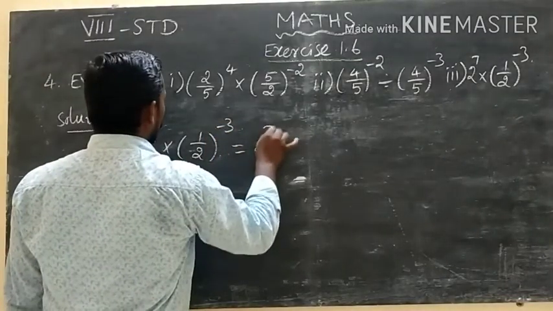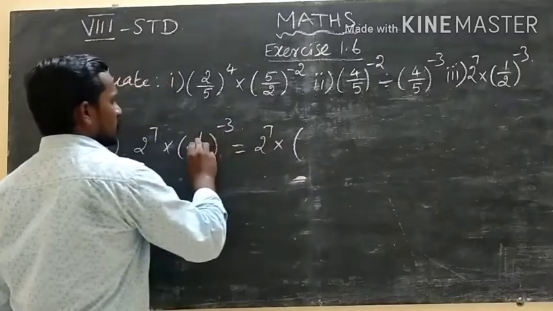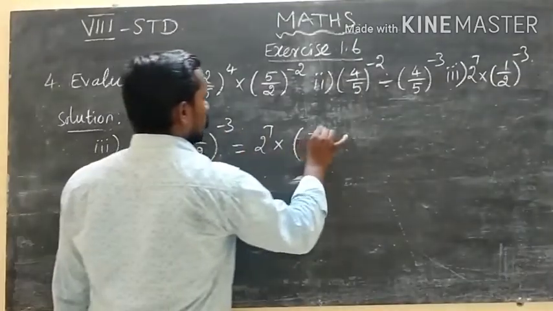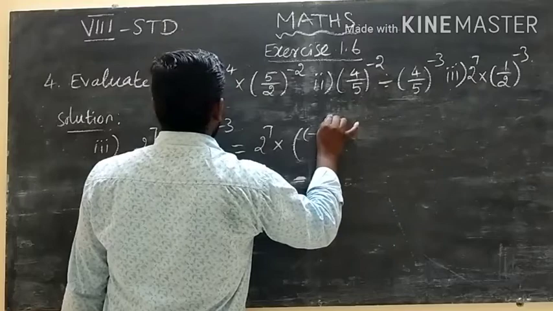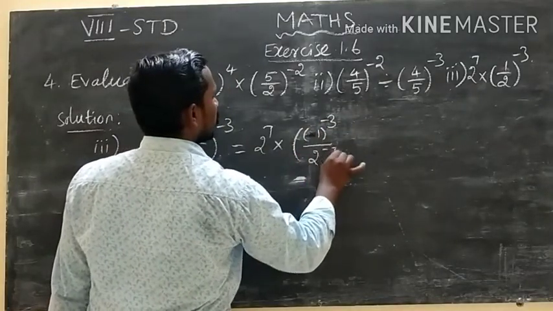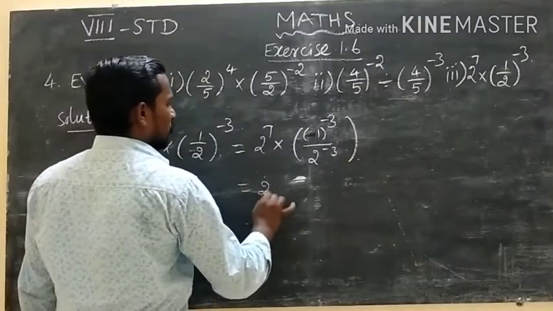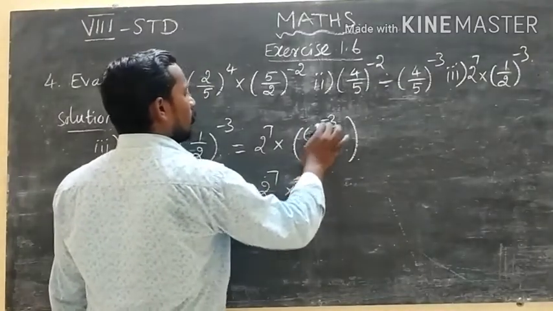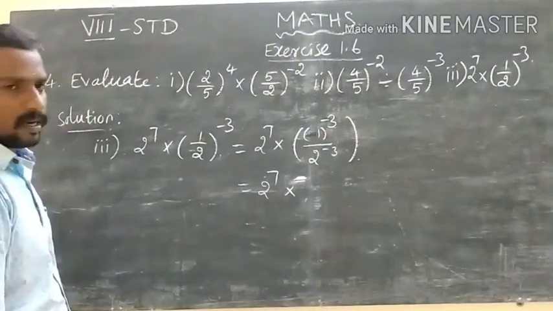2^7 into (1/2)^-3. 2^7 into, the power -3 is common for both the numbers, so 1^-3 divided by 2^-3. 2^7 into 1 to any power, we get 1.